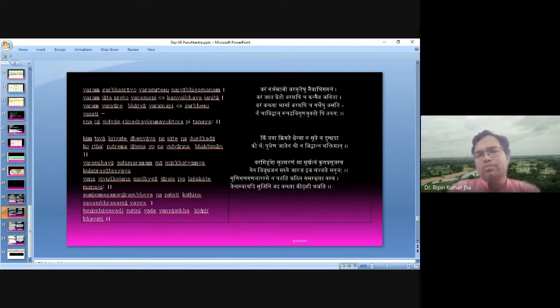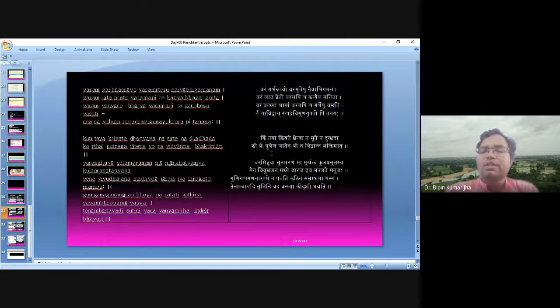So here, varam garbhastravo varamritesu varamamritesu naiva vigamanam varam jatapreyo varamapi ca kanyaiva janita varam vandhya bharya varamapi ca garbheshu vasate na cha vidvan rupadravina gunayukto pitanaya. Some typographical errors are there. That's why.